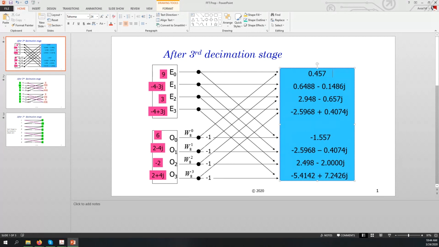Right, so that plus that, plus 0.657, and the last one 0.6488, plus 0.1486.